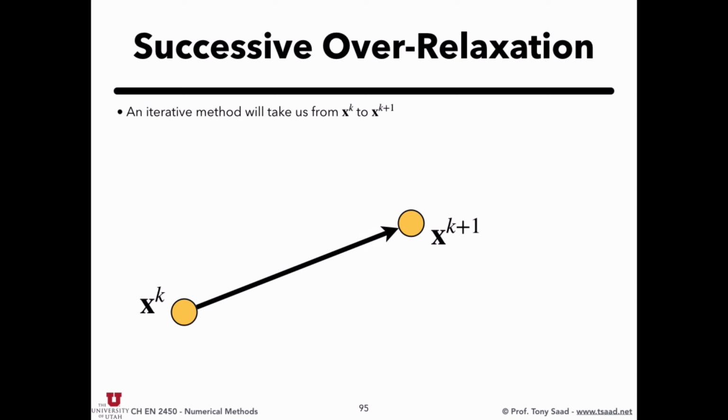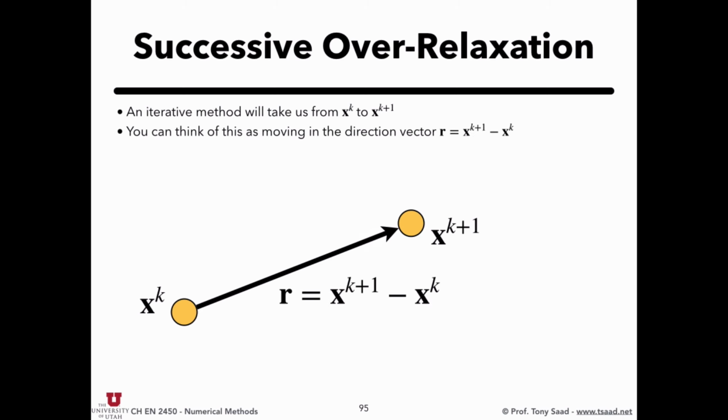Now, you can think of this as moving along the direction vector r, defined as x^(k+1) minus x^k. And I use r because it's a residual. But literally, think of this as position. This is an n-dimensional vector, and this is another n-dimensional vector. So their difference gives you a sense of direction. We're moving in that direction.